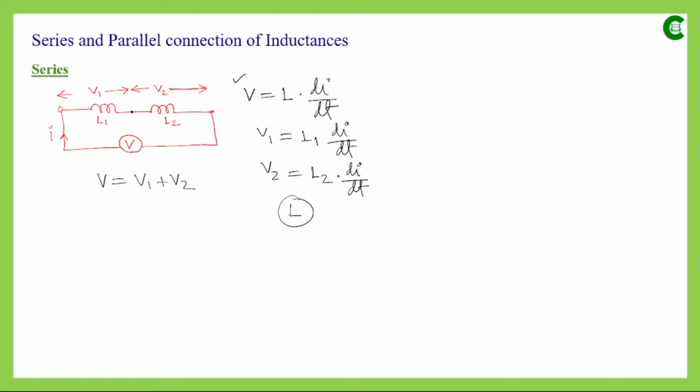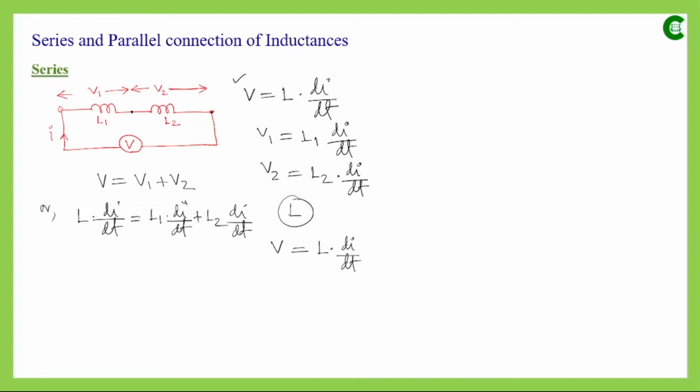So the voltage drop across these two points, across this series connection, is V, and it can be written as V equal to L into di by dt. Now if we put all the values of V, V1 and V2 in this equation, in place of V we can write L di by dt, and in place of V1 we can write L1 di by dt, plus L2 di by dt.